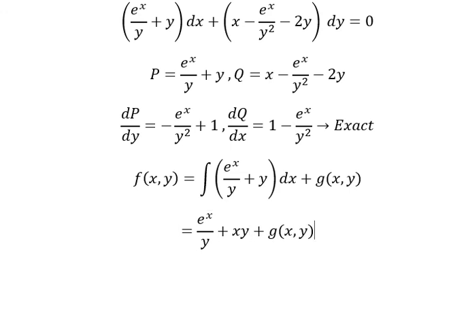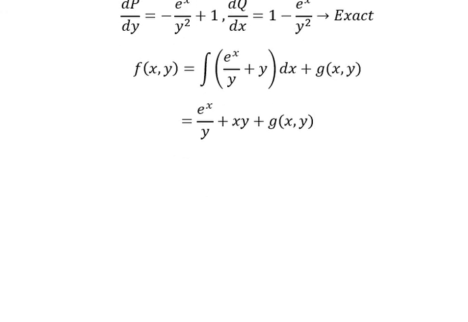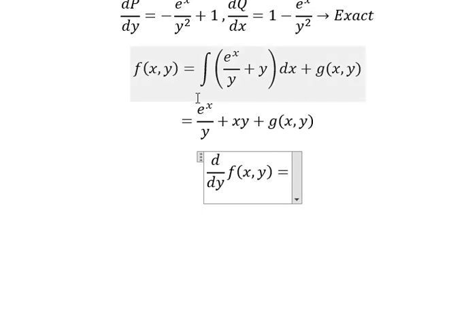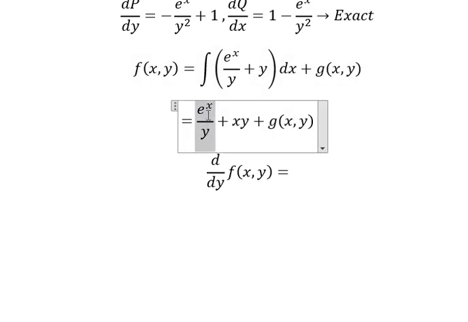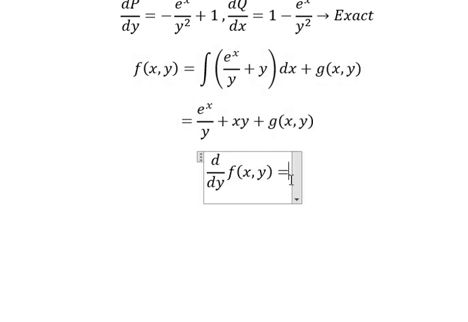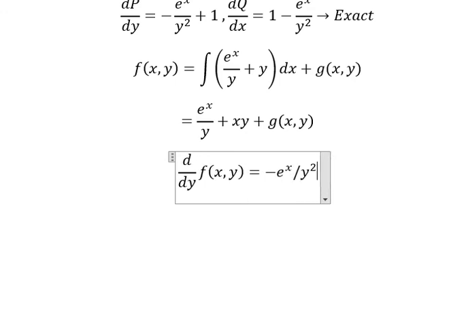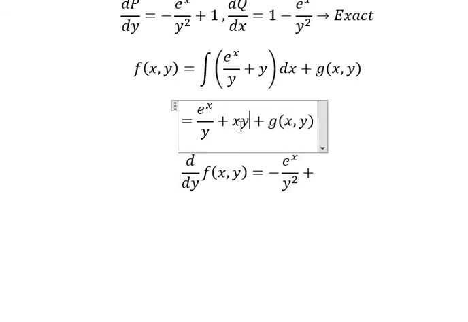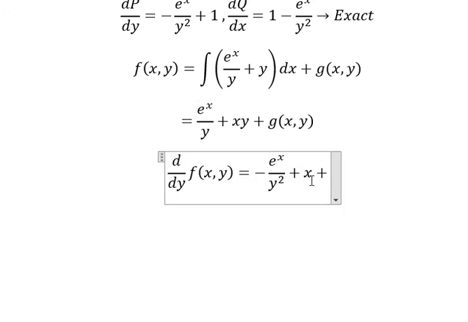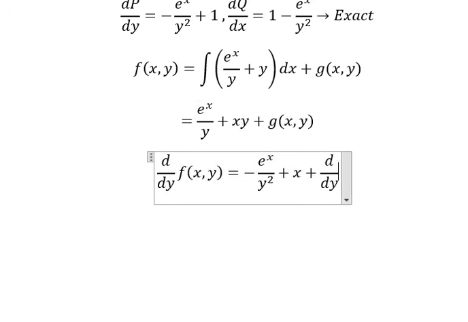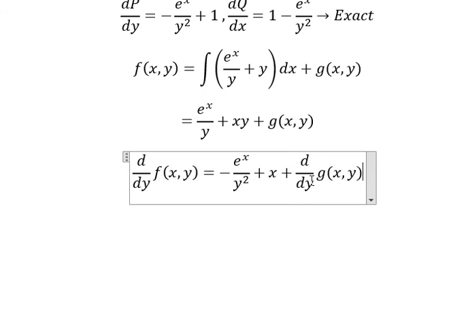Next, we need to do first the derivative with respect to y for the both sides. So first the derivative of this one, we have negative e to the power of s over y square. First derivative of y, we have number 1, so we have s plus d over dy 3sy.